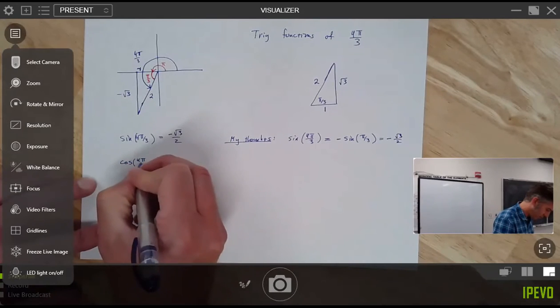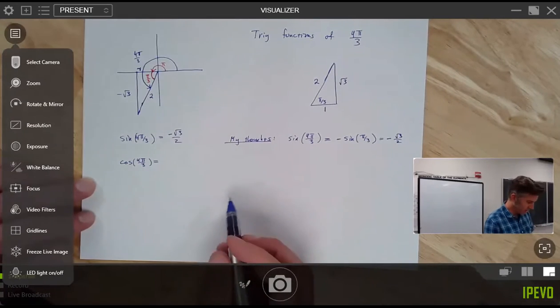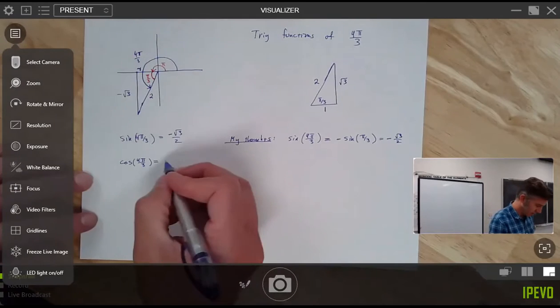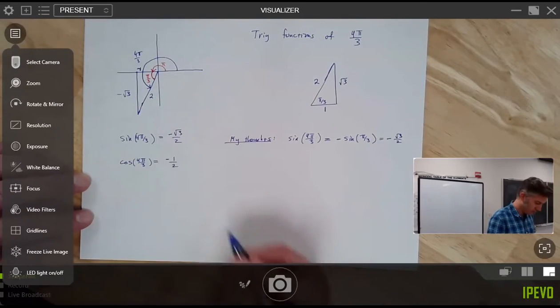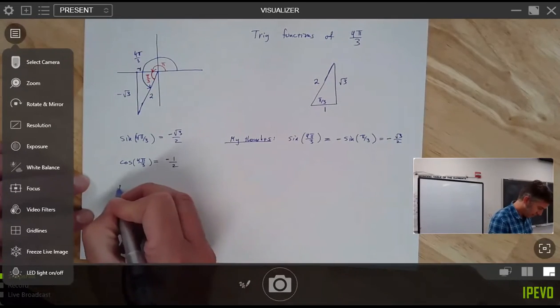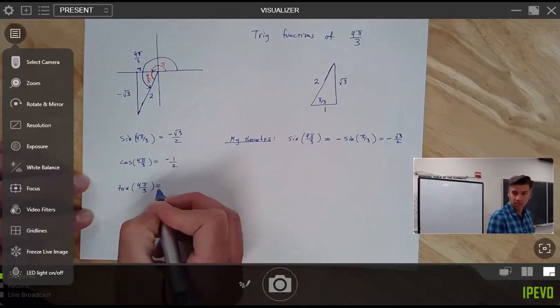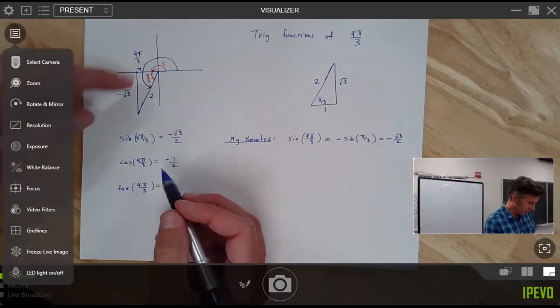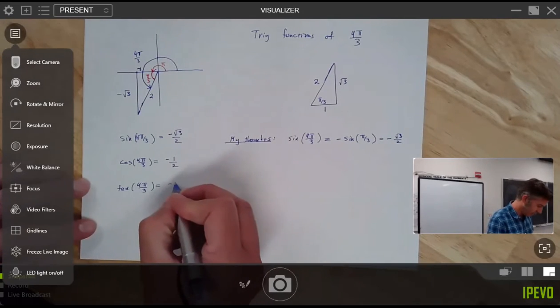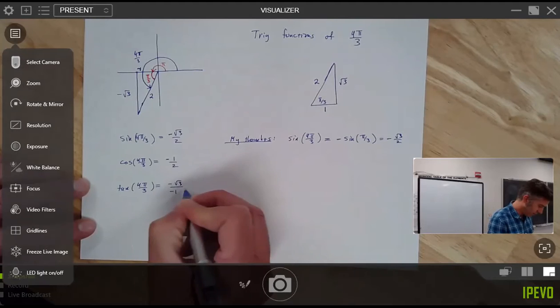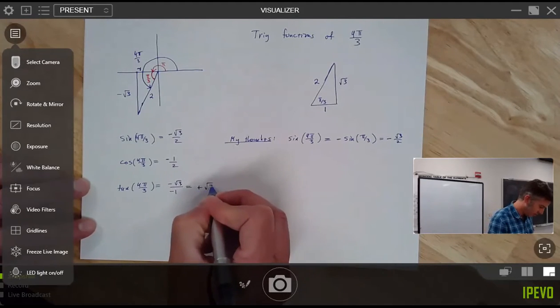Cosine of 4 pi over 3 is going to be the adjacent side over the hypotenuse, which is going to be negative 1 over 2. And tangent of 4 pi over 3 is going to be the opposite over the adjacent, which is negative root 3 over negative 1, which ends up being positive root 3.